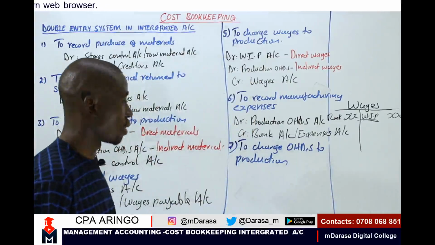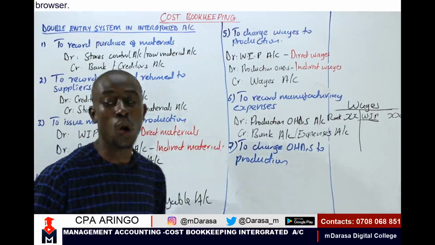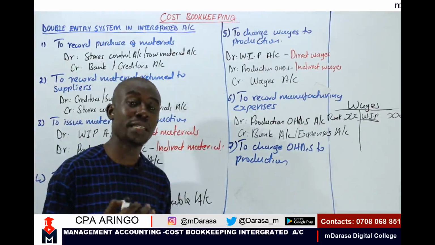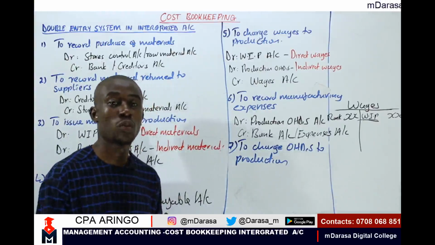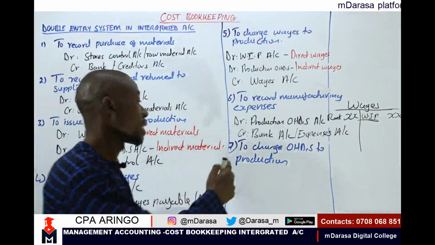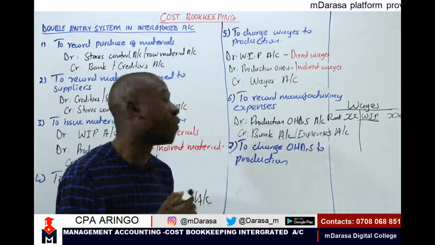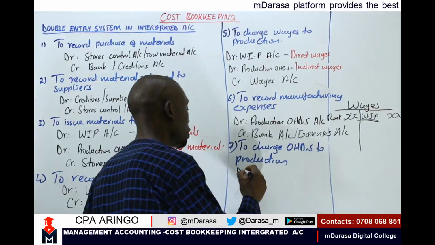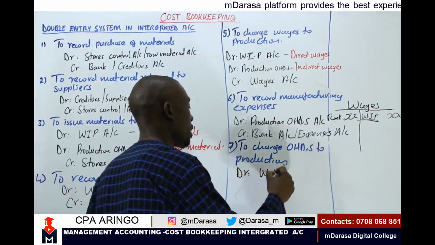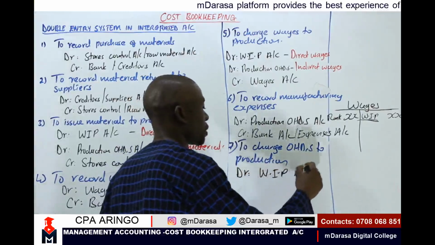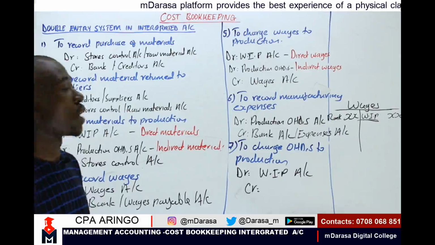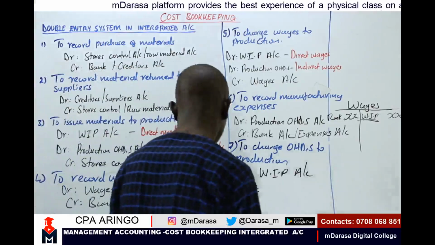Whenever we are charging to production, the component to debit will always be work in progress, whether direct or indirect, such as production overheads. In this case, you want to charge our overheads to production. So we debit work in progress account, and credit what? We are going to credit our production overheads account.